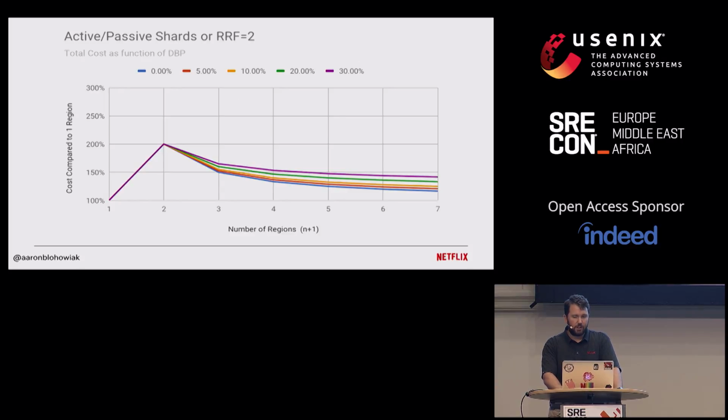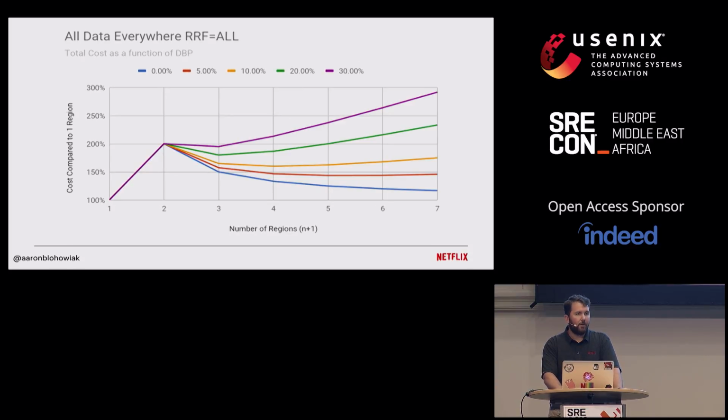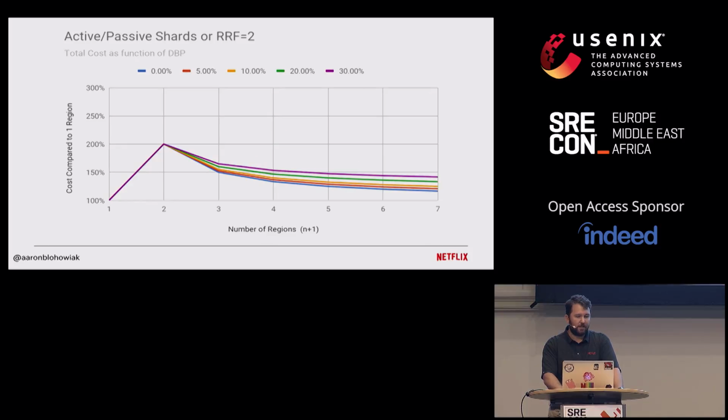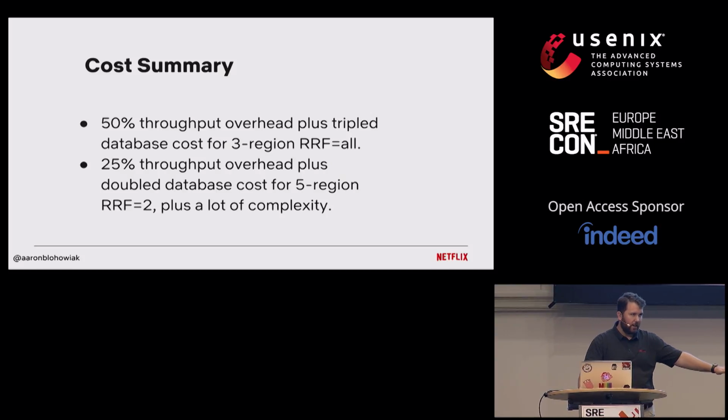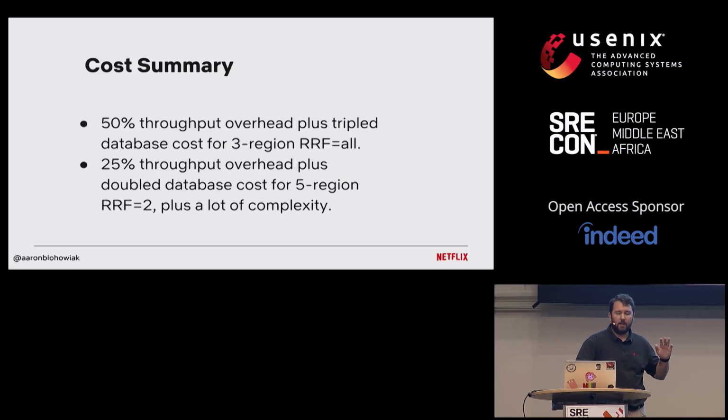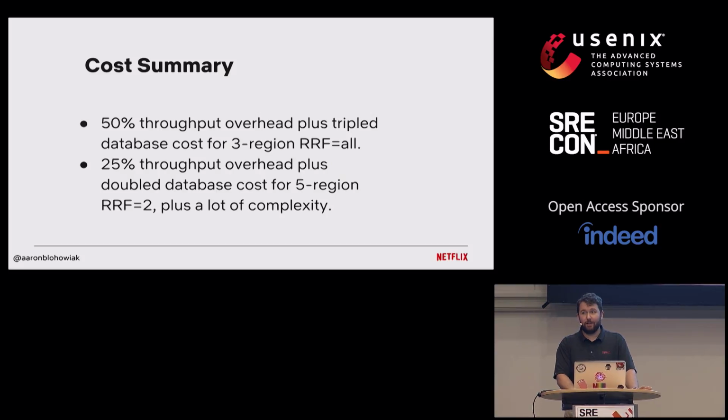So that's pretty interesting in that dynamic of going from all data everywhere to only having 2 copies of the data. So as a cost summary, you have 50% throughput overhead plus your triple database cost when you have 3 regions with all data everywhere, and you have 25% throughput overhead plus a double database cost for 5 regions with data in only 2 places, and a heck of a lot of complexity.